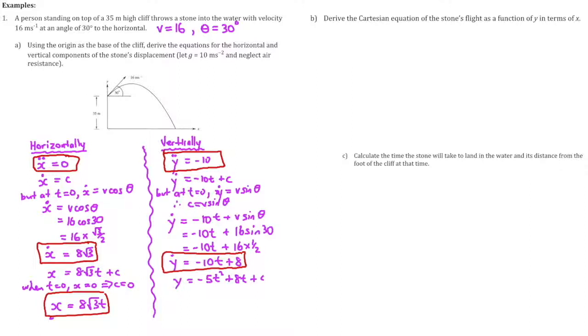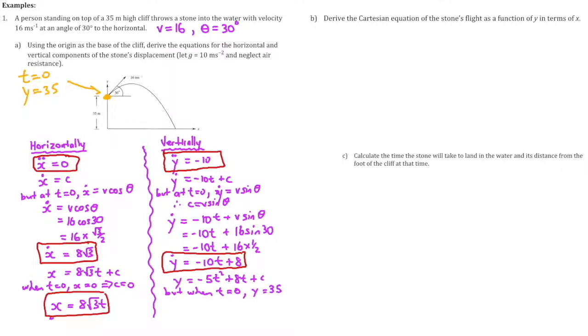But this is where you've got to be careful for this question. At this point here, when time equals 0, y is equal to 35 because we're not starting on the ground. So we need to remember that. So for this question, when time equals 0, y equals 35.